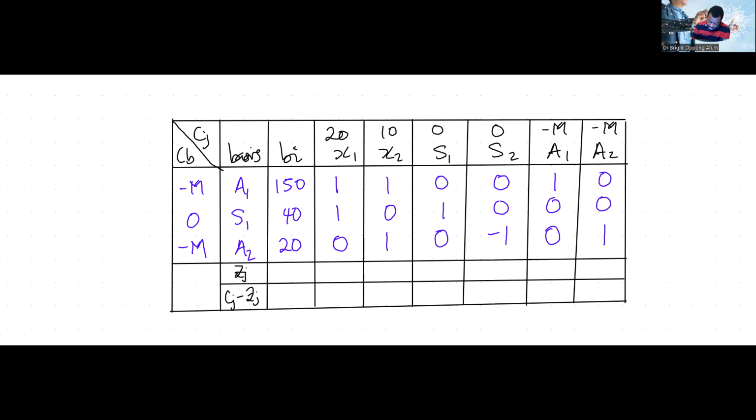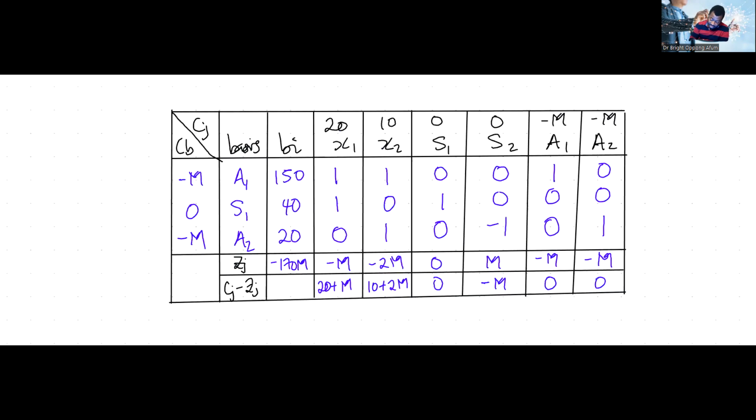And so that will be 170, negative 170 M. And this one also gives us negative M. This one gives us negative 2 M. Then we have 0, we have M, we have negative M, we have negative M. So Cj minus Zj will be 20 plus big M. Then this one is 10 plus 2 big M. 0, 0 is 0. 0 minus M is minus M. Minus M minus M should be 0. Minus M minus M should also be 0.